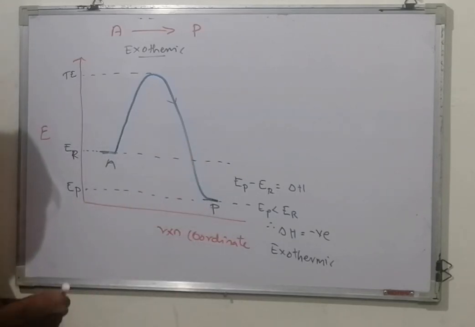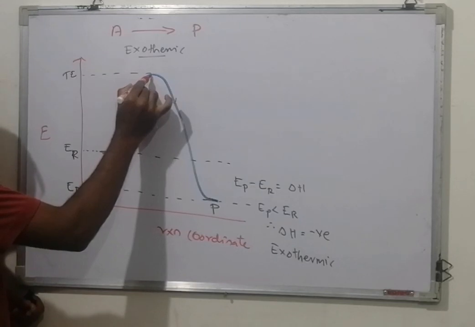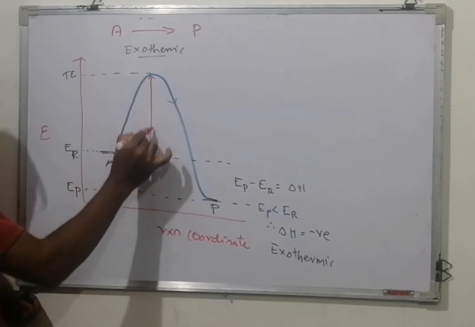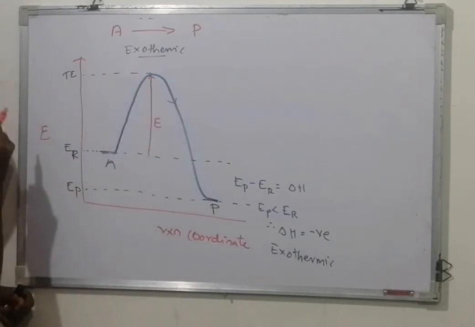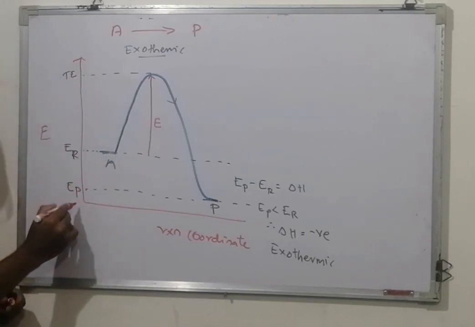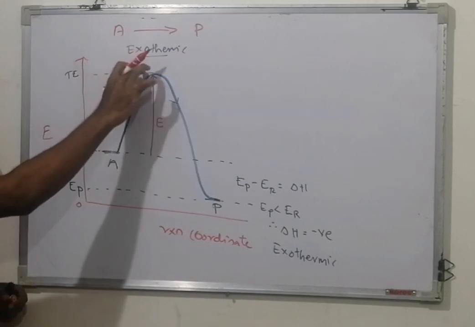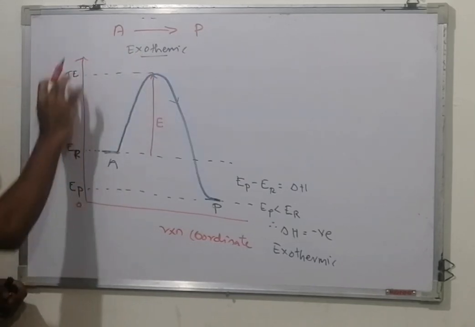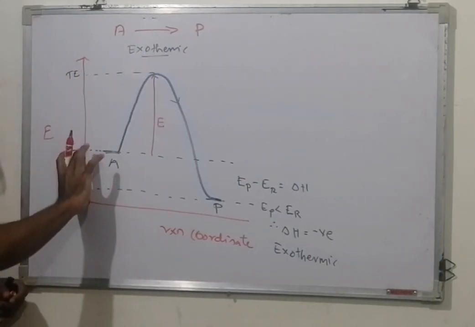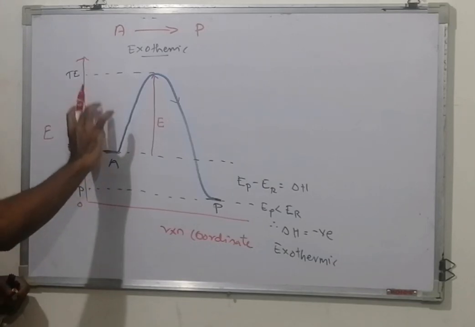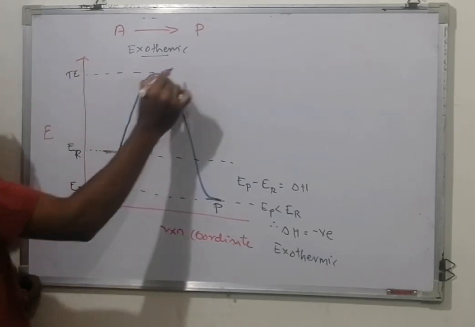Now, what is our activation energy? This is the activation energy, Ea. Suppose this is 0, and this is the TE value from 0 to TE. 0 to ER is the energy of reactant, ER to TE is the activation energy.